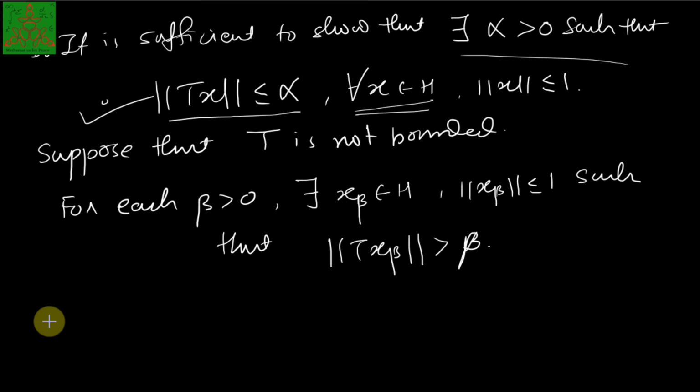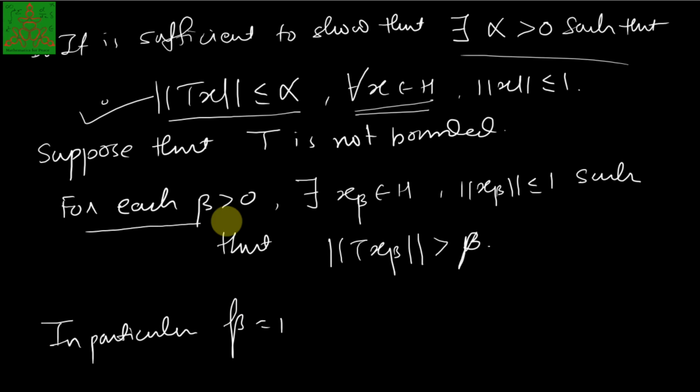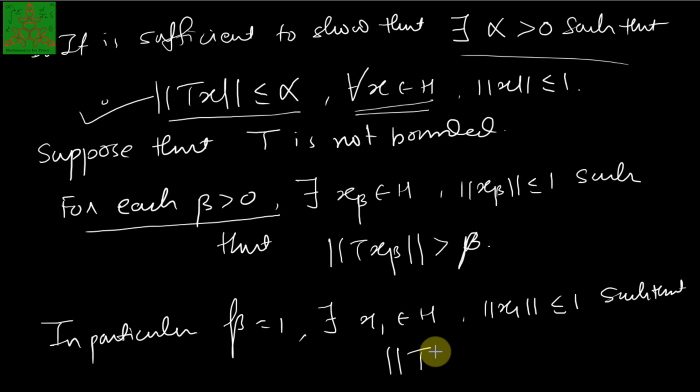Now in particular I'll take beta equal to 1, because this statement is true for every beta greater than 0. So for beta equal to 1, there exists some x1 belonging to H with norm of x1 less than or equal to 1 such that norm of T x1 is greater than 1.